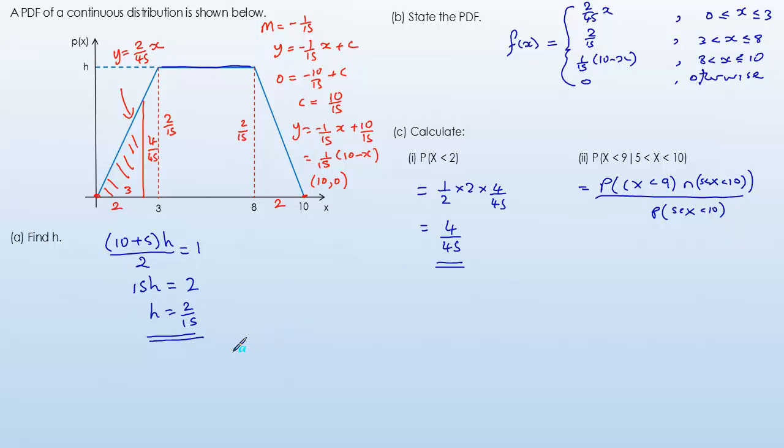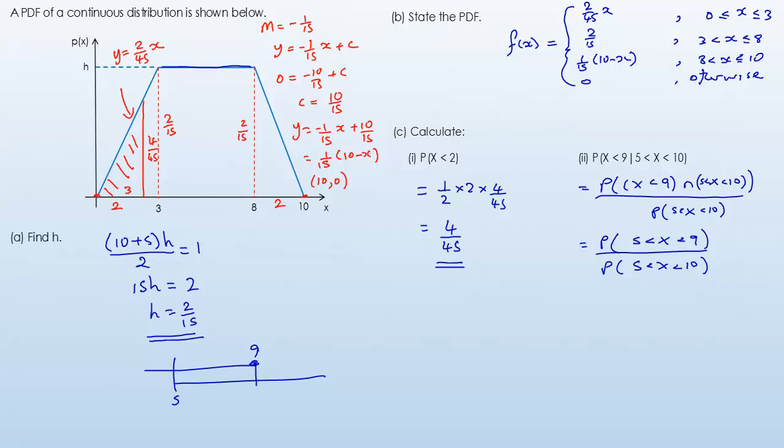Now let's look at that overlap. So x is less than 9, between 5 and 10. So they overlap between 5 and 9. So that's the probability of x being between 5 and 9 divided by the probability that x is between 5 and 10.